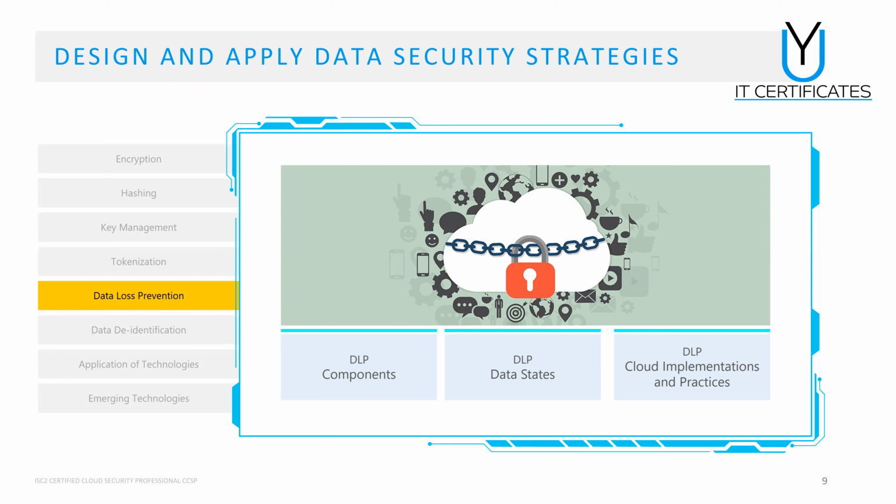It will monitor the network traffic. It will monitor internet browsing. It will monitor desktop usage, and it will not allow any data to be exported from the company or moved outside the company if it is classified as critical or confidential. Of course, all these settings are defined as policies.